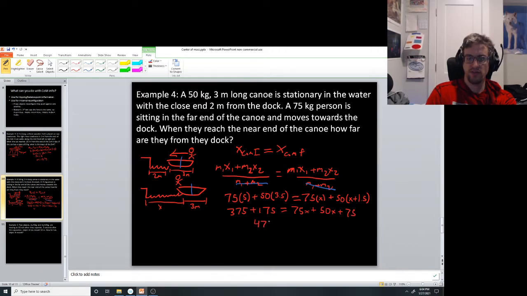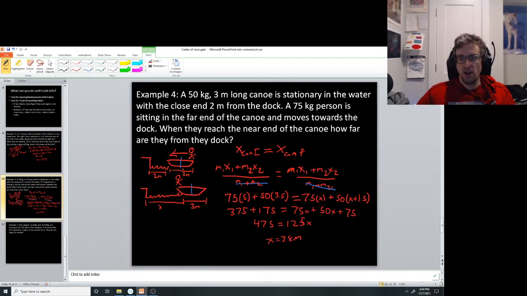I get 475 on this side is equal to 125x. X is equal to 3.8 meters. Okay, so you moved only about 1.2 meters, because you started out 5 meters and now you're 3.8 meters from it. So the canoe moved a little further than you did, which makes sense. The canoe's lighter than you.